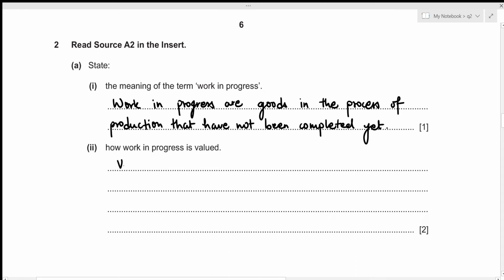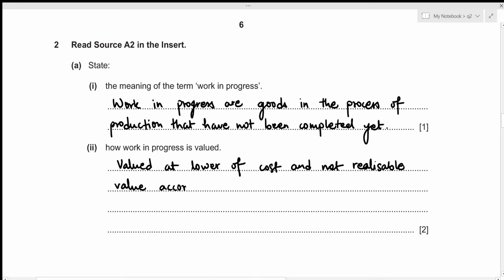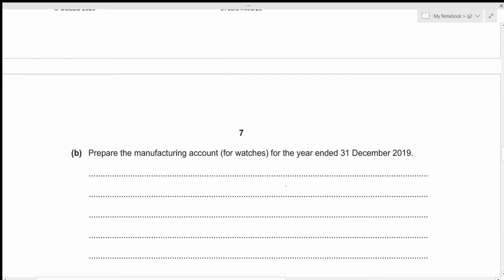Valued at lower of cost and net realizable value according to International Accounting Standards 2. So this concludes the first part of this question. Now we can move towards the second one.